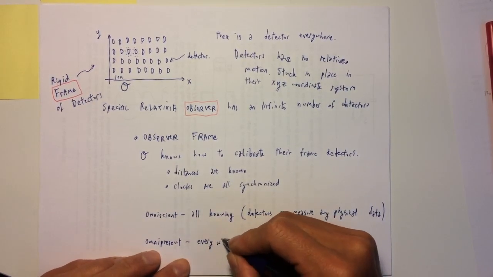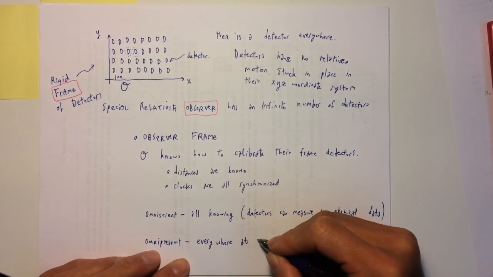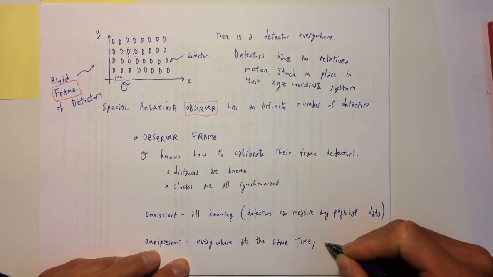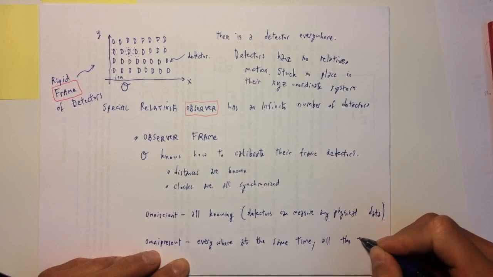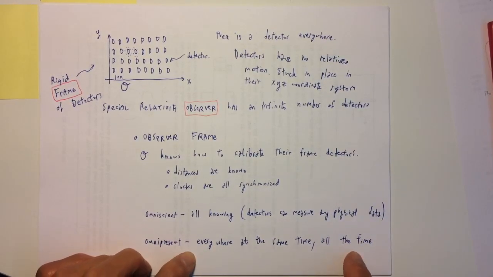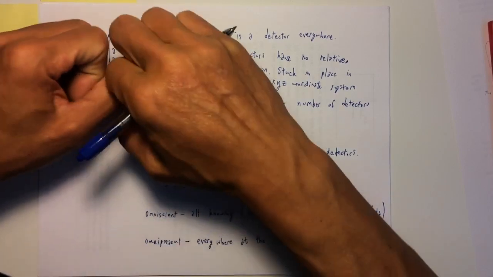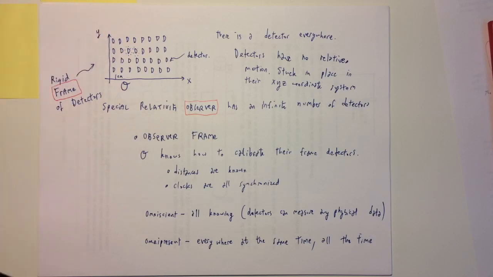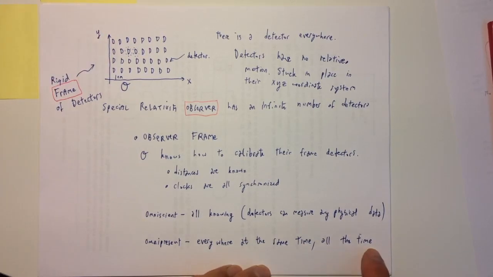It's everywhere at the same time, all the time. That is, the detectors are everywhere. There's an infinite number of them framed out in the observer's reference frame, and they are always on, and they are always paying attention at the same time.